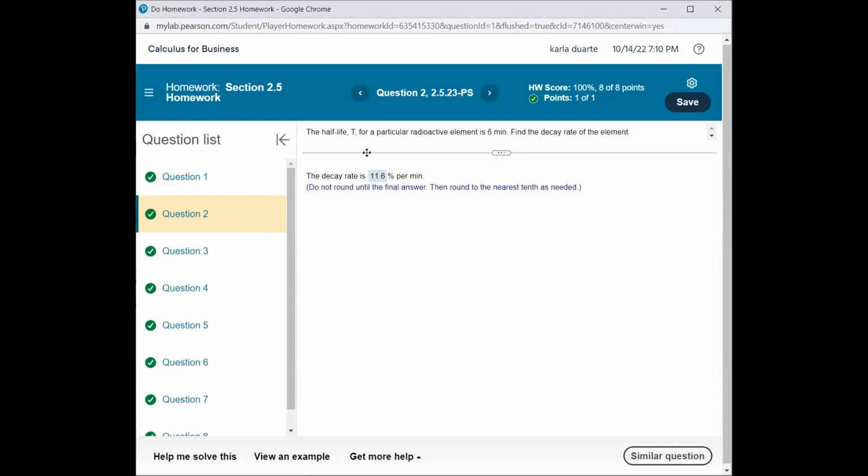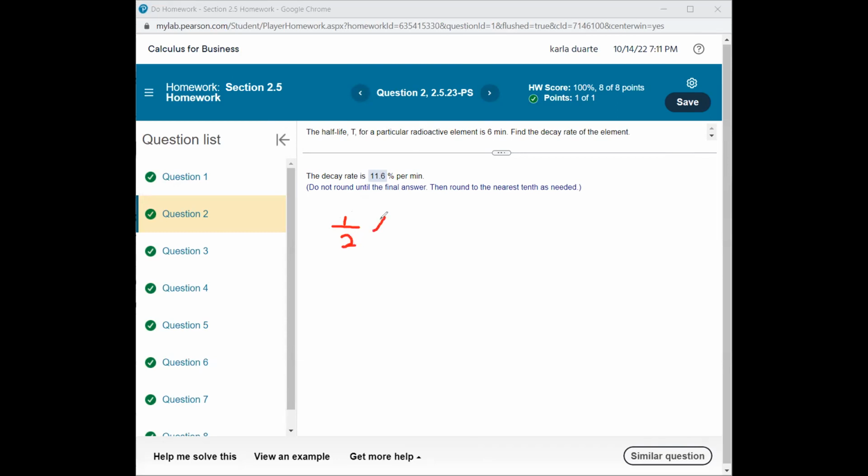What you have to understand about half-life is that anytime you have half-life, that's the time that it takes for the original amount to reduce to half of itself. We don't know how much we started with, but we don't have to know that. We just have to know that the ending amount was half of the original amount.